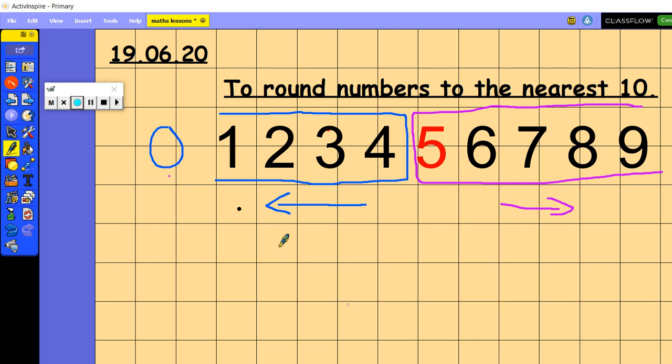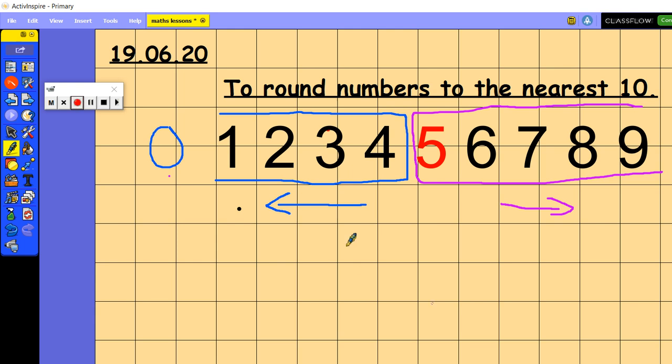So if I had rolled the number 6, then I would be rounding 6 to 10. If I had rolled my dice and I had been given number 8, then I would be rounding it to number 10. If I rolled my dice and got the number 2, then I would be rounding it down to 0. That is how our rounding works.